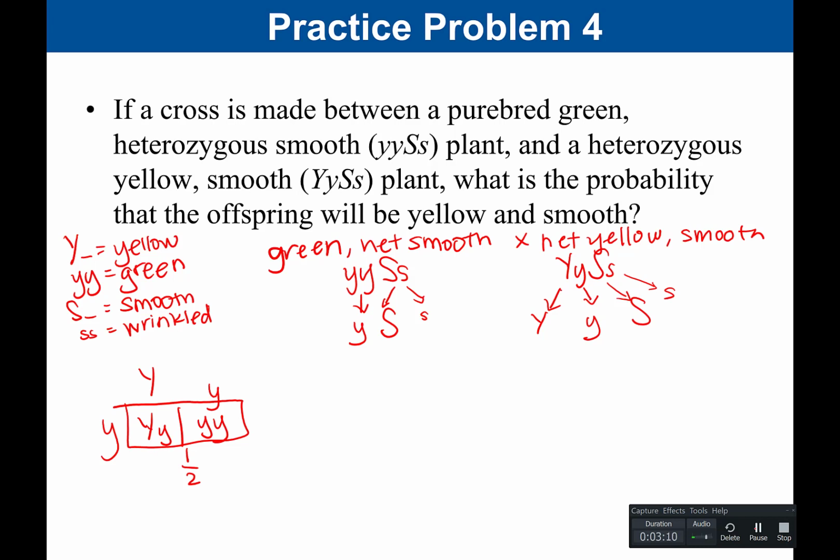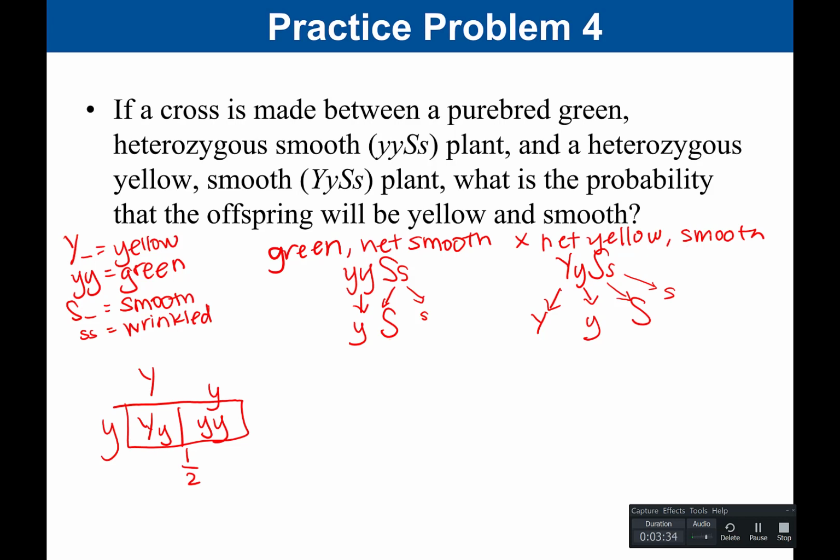Now I need to do the crosses for the S's. So the green heterozygous smooth has 2 possible gametes for the S's. It could give a big S or it could give a little s. Again, be careful for letters that look alike. I tend to make my little s's very small relative to my big S so that I don't get them confused.